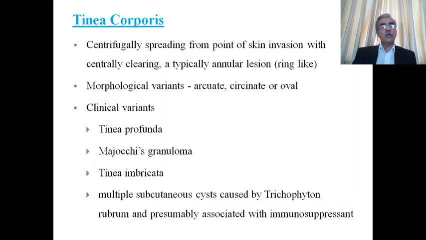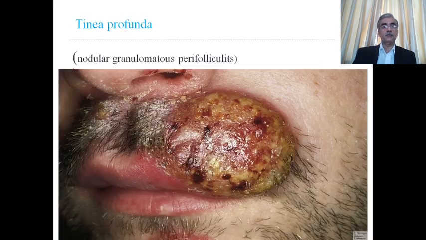Then tinea corporis, continued. Morphologically it can be arcuate, circinate or oval, as we have discussed or seen in the picture. And then there are some special clinical variants of tinea corporis, that is tinea profunda, Majocchi's granuloma, tinea imbricata, multiple subcutaneous cysts caused by Trichophyton rubrum and presumably associated with immunocompromised state.